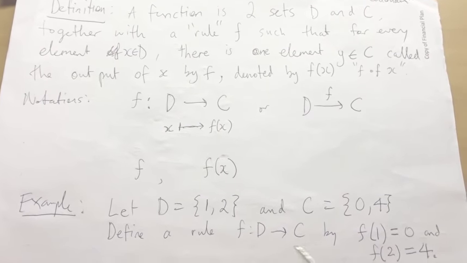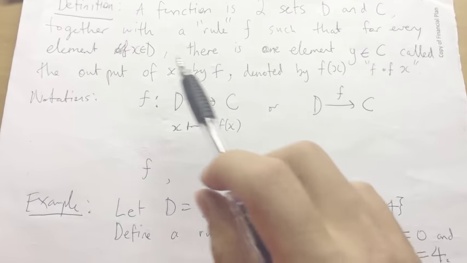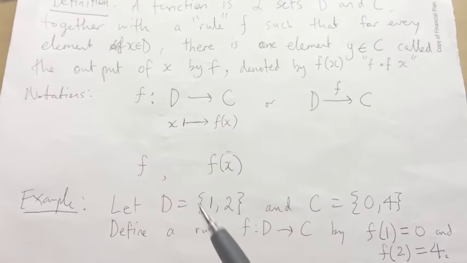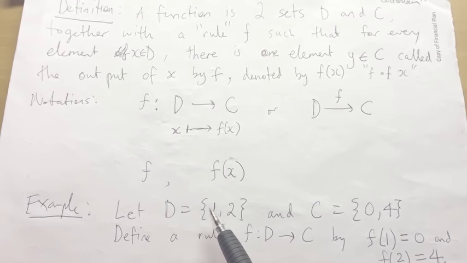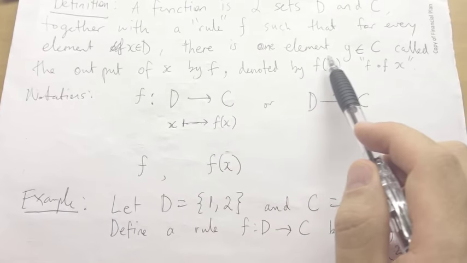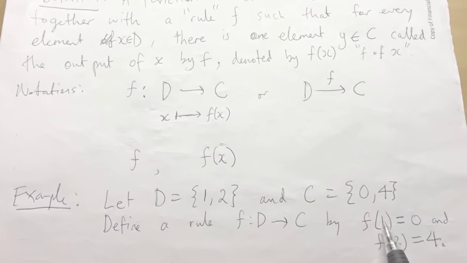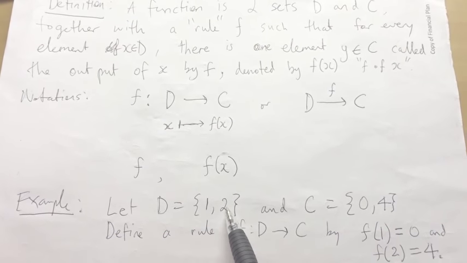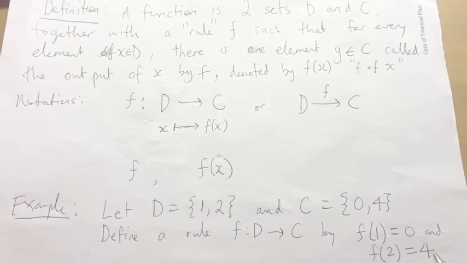Okay. And now what the rule has to satisfy is that every element of D, so every element of this domain or input set, has to give you something. Okay, so every element there has to give some element of C, and it does, because 1 gives you 0, and 2 gives you 4.